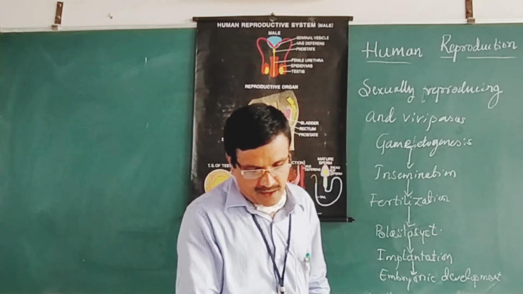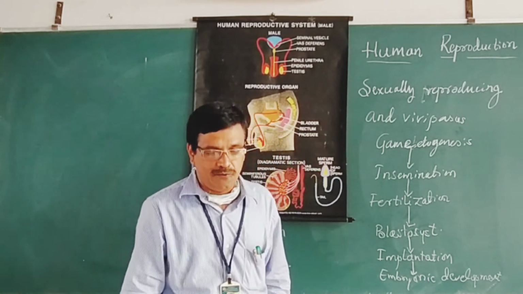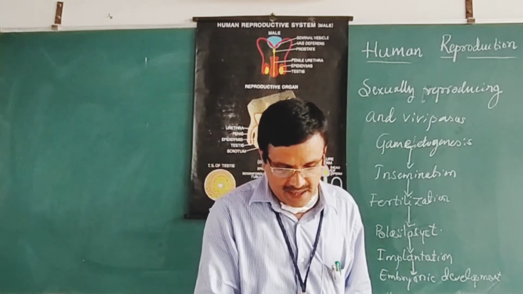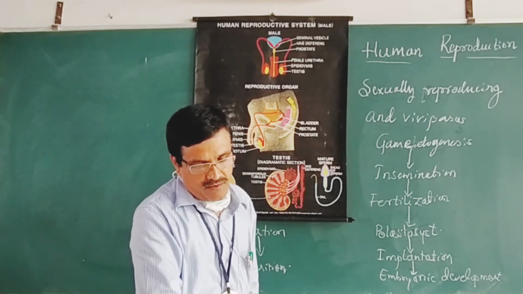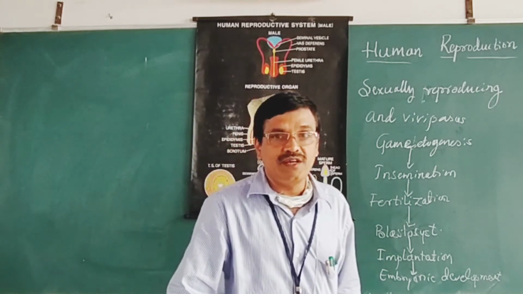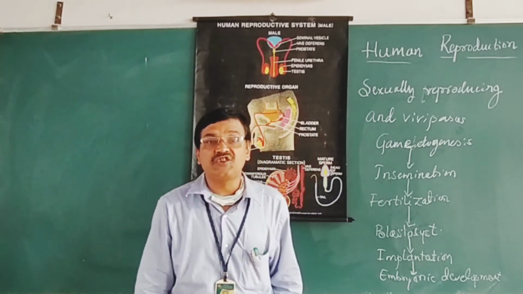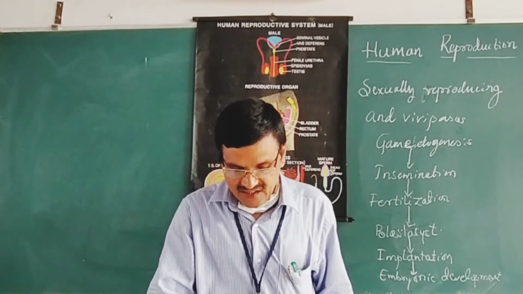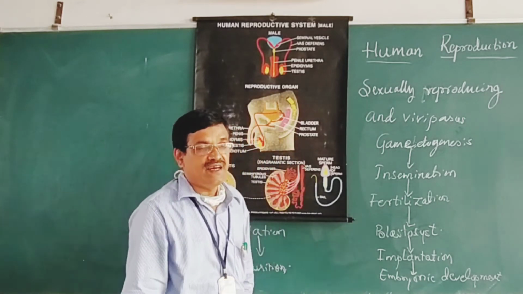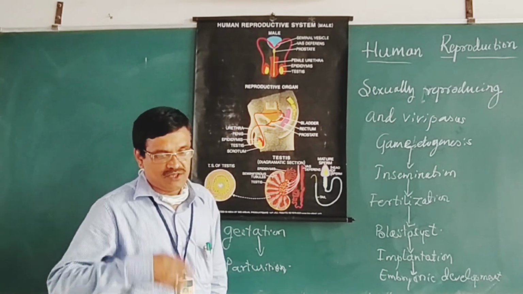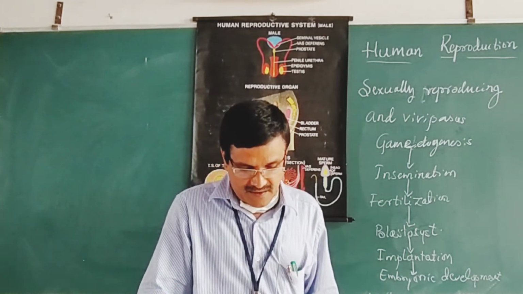However, there are many remarkable differences between the reproductive events in the male and female. For example, sperm formation continues even in an old man, but the formation of ovum ceases in a woman around the age of 50 years.